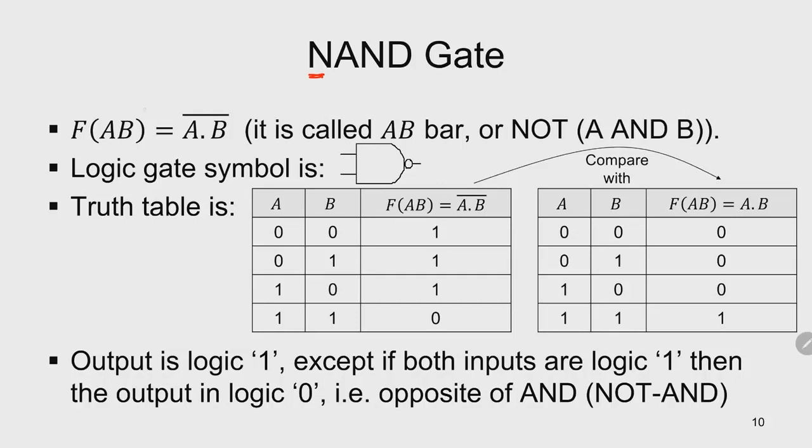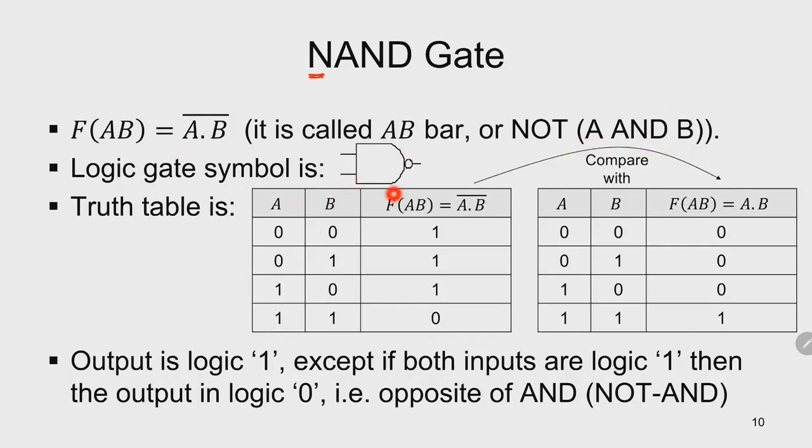The Boolean function of Boolean variables A and B is written this way: A and B with a bar on top. So it's called AB bar, or not A and B. This is called a NAND gate.